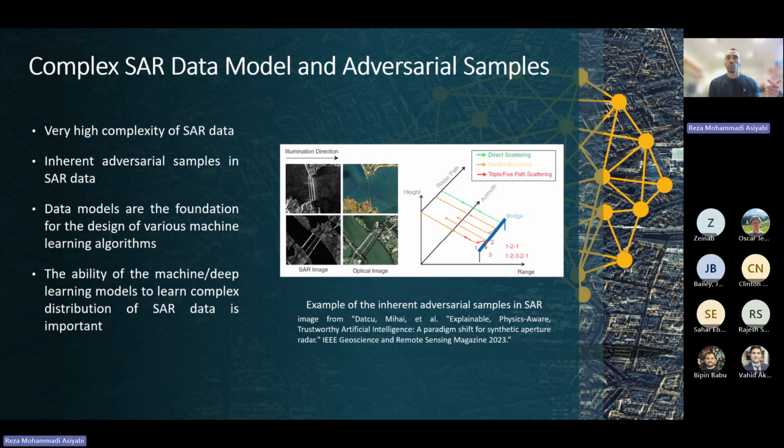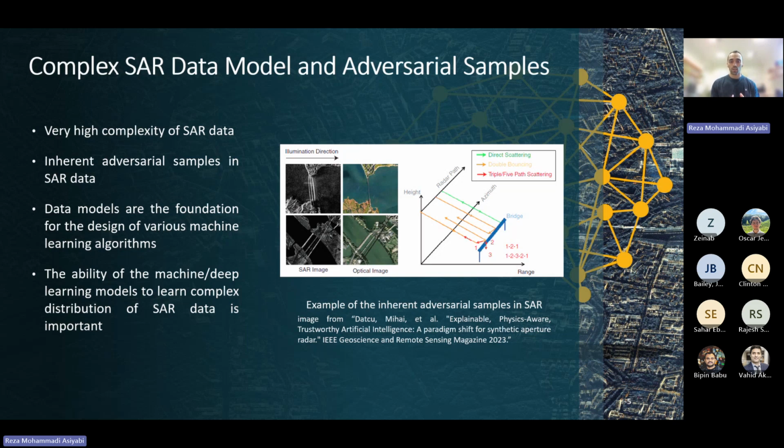In the first row, in the optical data, we can see that there is just one bridge, and with a very good vision model, we can detect this bridge. But on the SAR data, we can see maybe 3 or 4 parallel bridges. The most accurate vision model will detect 3 parallel bridges here, which is correct on the vision side, but it's not really true. It happens because of the multipath scattering in SAR data.